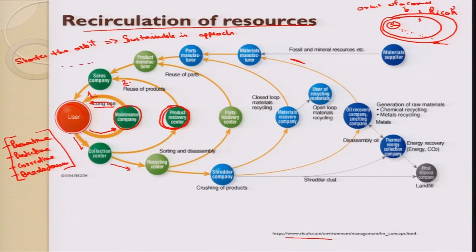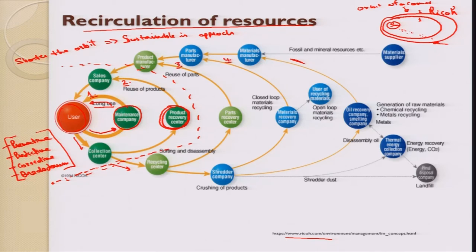I would like to put here that this is reuse. I would like to correct myself here: this is cycle 1 and 2. I'll put here cycle 1, cycle 2, cycle 3, cycle 4.